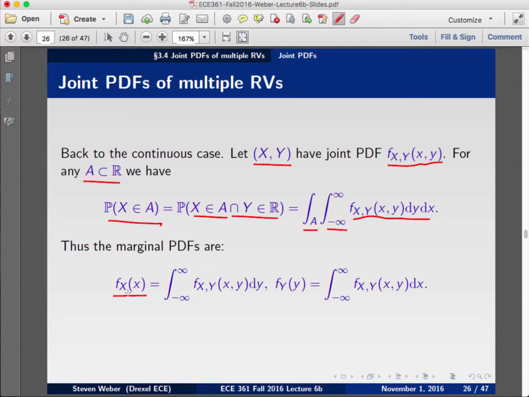So in particular, given the joint PDF, little f sub X comma Y, I can obtain the marginal PDF, that is the PDF for just the random variable X alone, by integrating the joint PDF over all possible values of y. And by symmetry, I can obtain the marginal PDF for the random variable Y by integrating the joint PDF over all possible values of x.